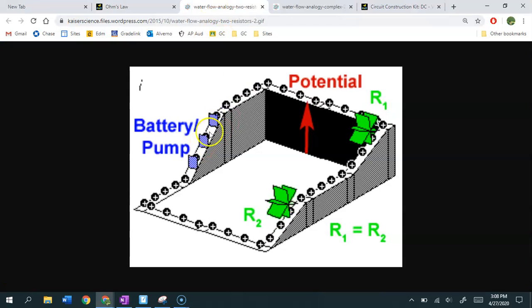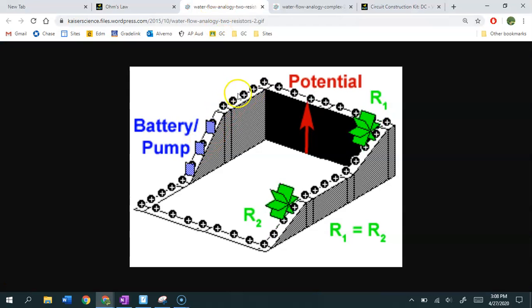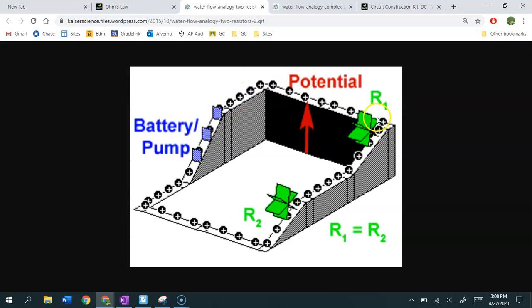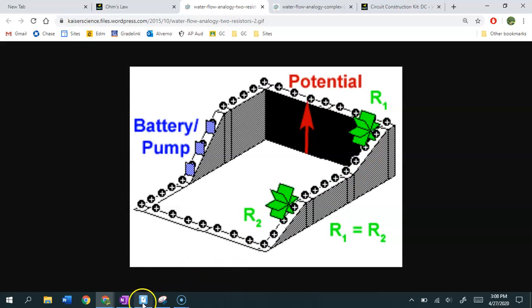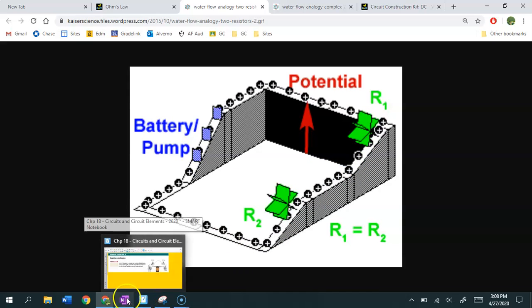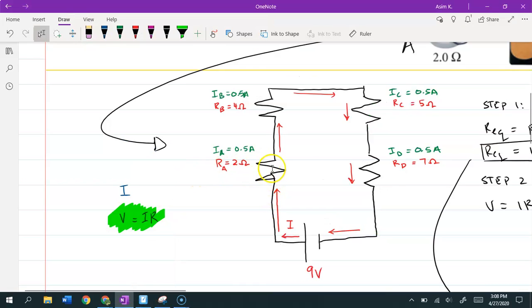In the beginning, this is a lot to handle. So again, these charges are moving through, but notice how there was a certain drop in potential of those charges when they went through each resistor, and it depends on how much that resistor is. So we're trying to figure out how much voltage drops across each one of these resistors. The theory is kind of difficult, but the equation is very simple.